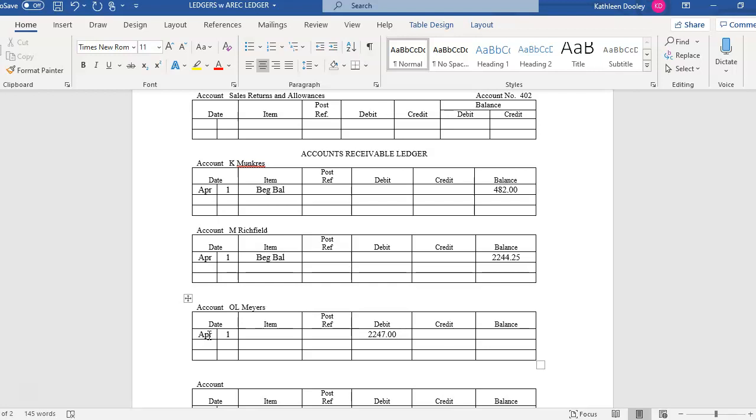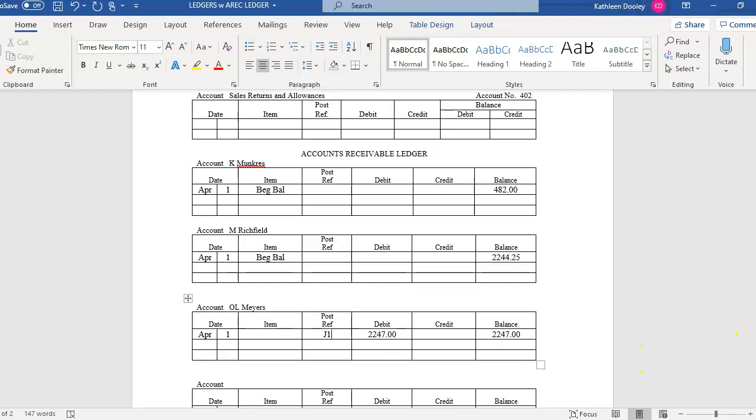Step 3 is the running total balance. The previous balance is 0, so 0 plus $2,247 is $2,247. Step 4 is to record what page of the journal it came from. So J1 or GJ1, either one is acceptable.